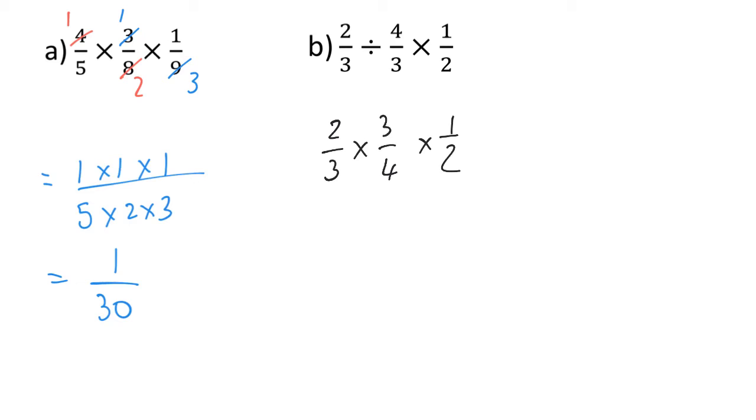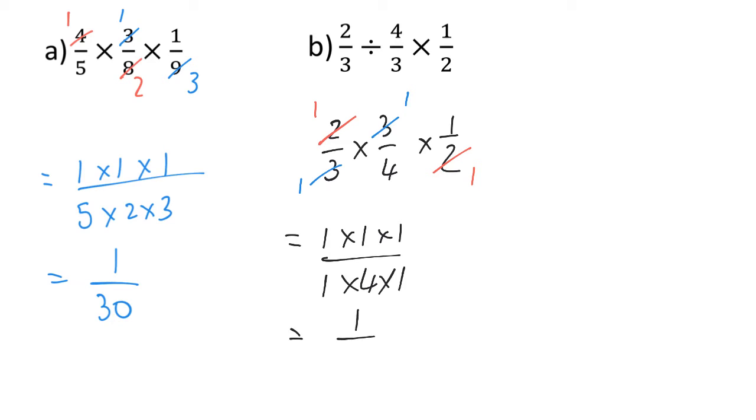We look to see where we can cancel, and we can see that there's a 2 on the top and a 2 on the bottom, so they'll both divide by 2 to leave 1 and 1. There's a 3 and a 3, and they'll divide by 3 to give 1 and 1. So what we're left with on the top is 1 times 1 times 1, and on the bottom 1 times 4 times 1, which leaves 1/4.